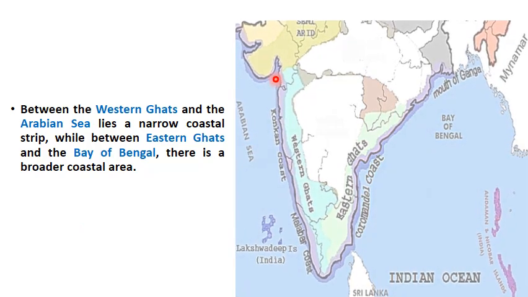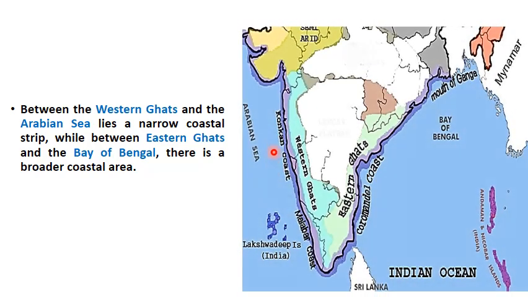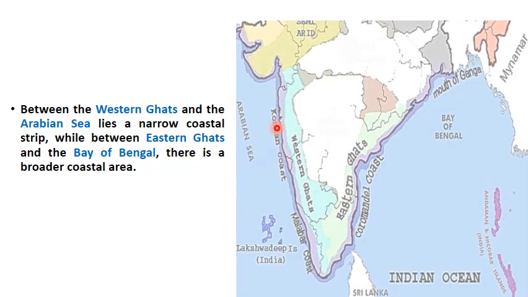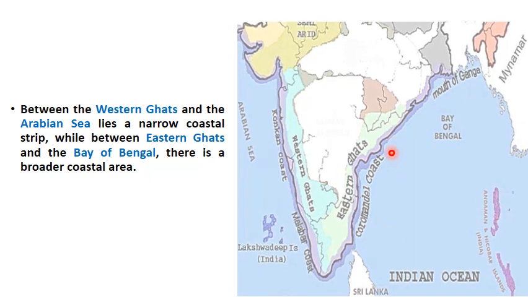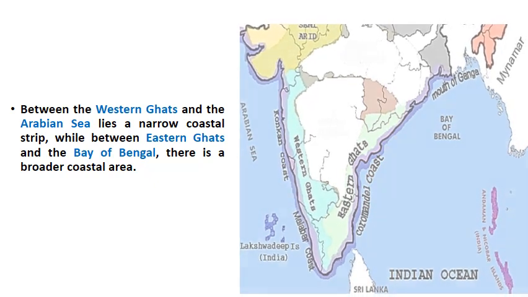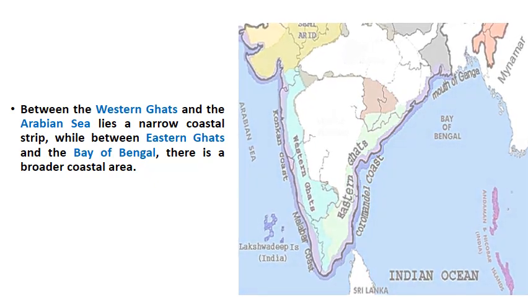Between the Western Ghats and the Arabian Sea lies a narrow coastal strip, while between the Eastern Ghats and the Bay of Bengal there is a broader coastal area.